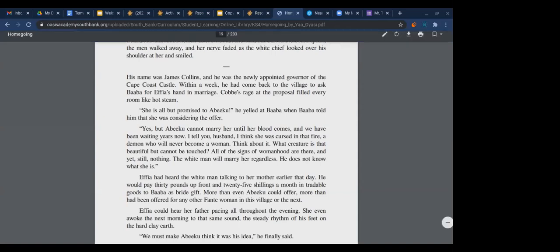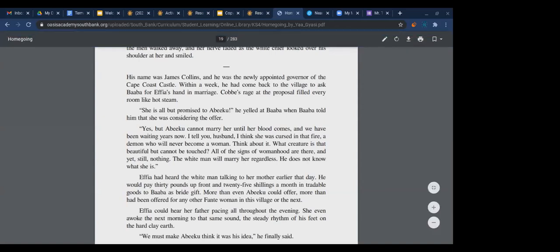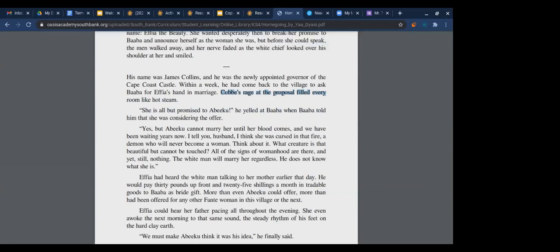It might seem like that at first, but both of them. If we look right here, Kobe's rage at the proposal filled every room like hot steam. So we know that he's angry. We know how he's feeling: enraged at that thought.